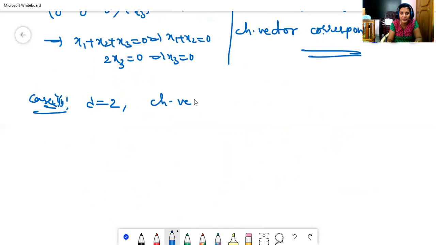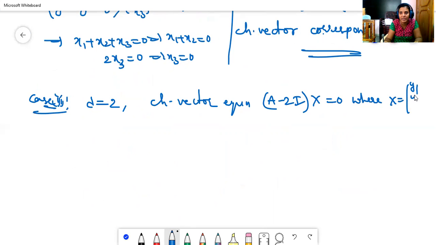Then the characteristic vector equation is A minus 2I into X equal to 0, where X equal to, taking another variable, y1, y2, y3. The same procedure you can apply, then you are getting another vector equation. Why? Because here 2 is repeated, so you are getting only a single vector. Again, I am solving that one. I am directly writing the values.